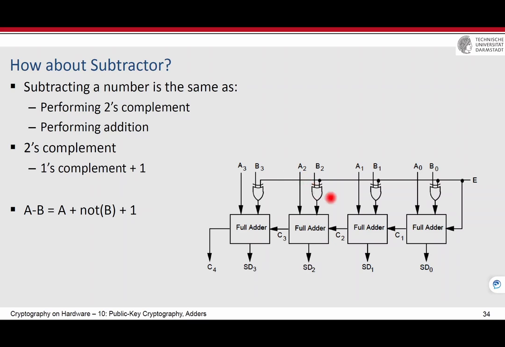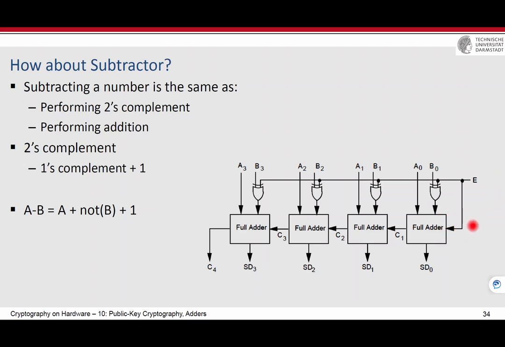You already learned 2's complement and 1's complement, and 2's complement is just 1's complement plus 1. You have one extra input to say that you want to do the subtraction, and then you invert all of the bits of the second operand B, and the plus 1 can be done using the carry in.